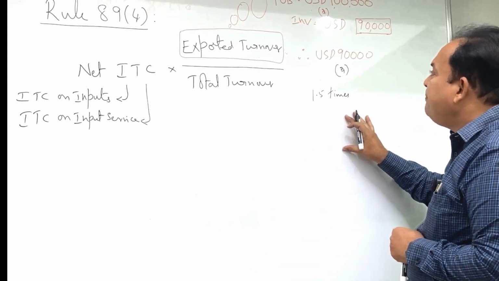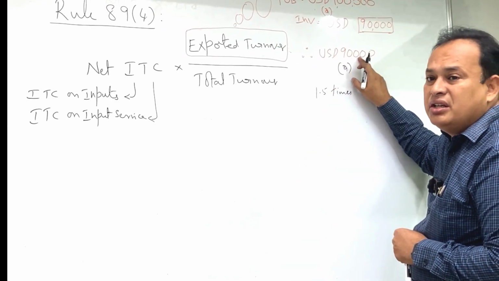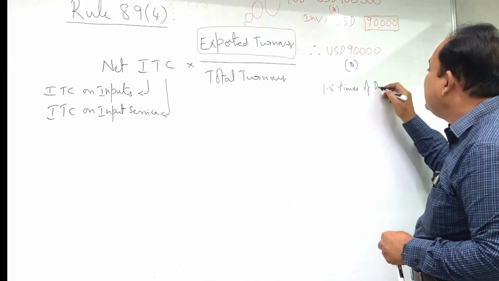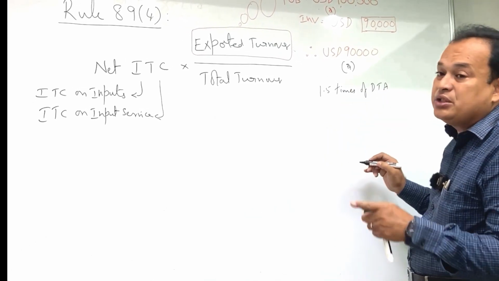Now here, this is in US dollars. Locally, take 1.5 times of domestic tariff area clearances of such goods.